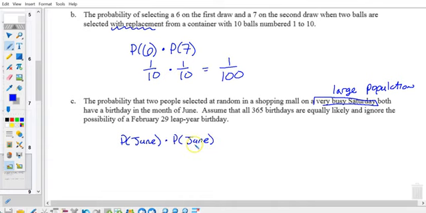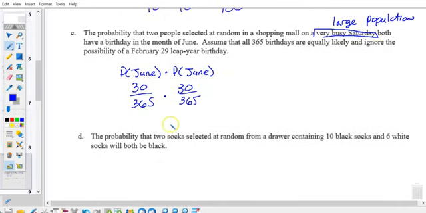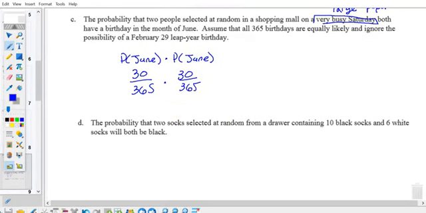Does the second person's birthday get affected by the first person's birthday? No. So there are 30 days in June and another 30-day possibility out of a whole year. I'm not going to multiply them together. That's just how we'd calculate it.